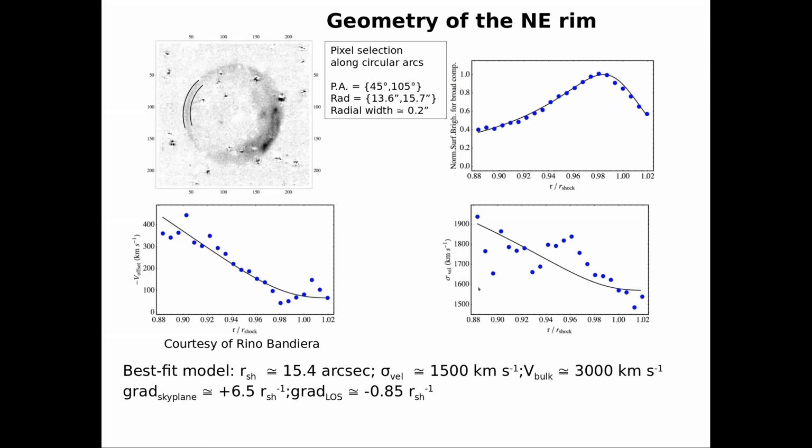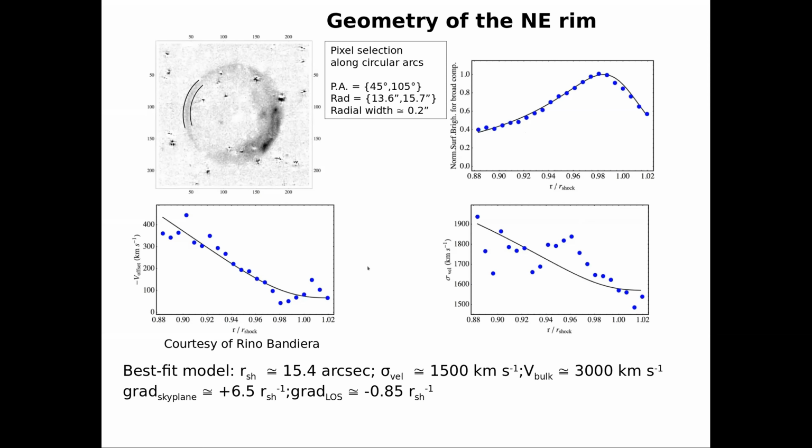And you can see the results that we get. This is how the brightness of the broad component changes, then the measured width of the broad component, and the centroid offsets.